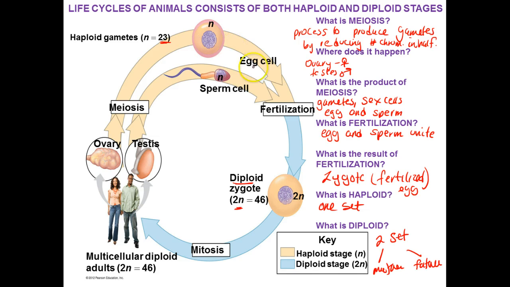So if you can see, this is a life cycle. So notice most of the life cycle in animals is the diploid stage, and only part of our haploid stage is gamete formation.